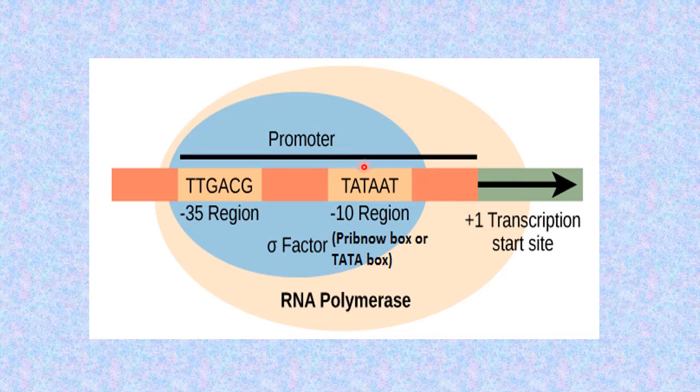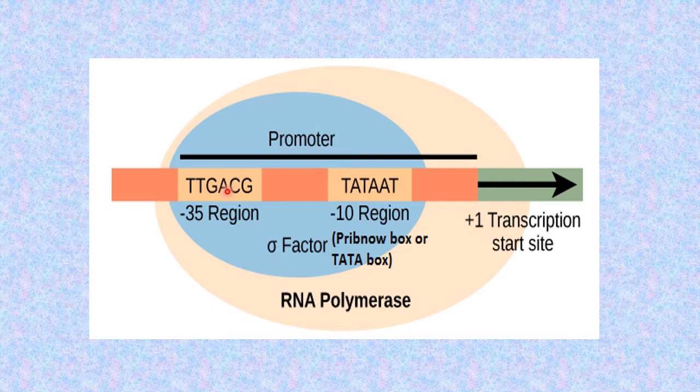Now in case of prokaryotes, this promoter sequence consists of two consensus sequences which lie upstream of the start point, that is the point from which transcription has to start, where the ribonucleotide will form the complementary base pair from this +1 point.